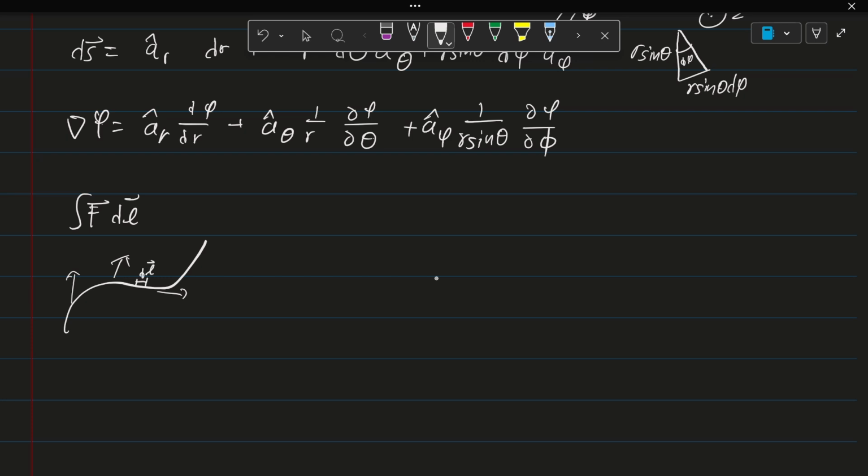If you do the dot products, you could just do the same thing as the sum: the limit as n goes to infinity of the sum from i equals 1 to n of each of the vectors f_i dot the small lengths l_i.